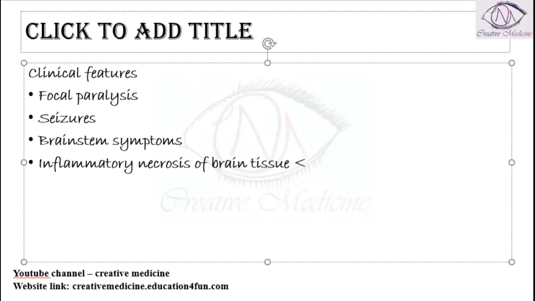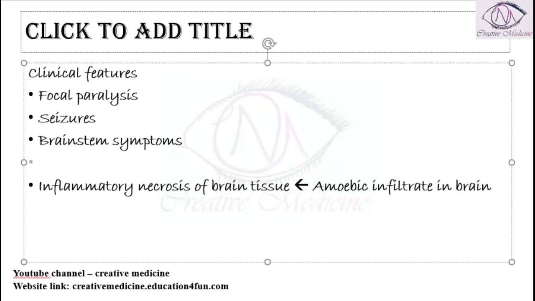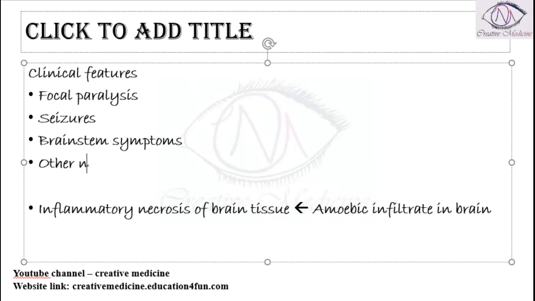The amoeba enters the brain and causes amoebic infiltrates in the brain. This will result in inflammatory necrosis of brain tissue, thus resulting in focal paralysis, seizures, brainstem symptoms, and other neurological problems, which are also seen in granulomatous amoebic encephalitis.